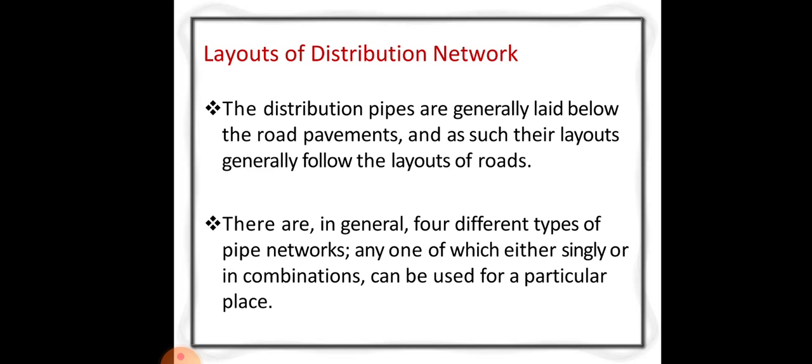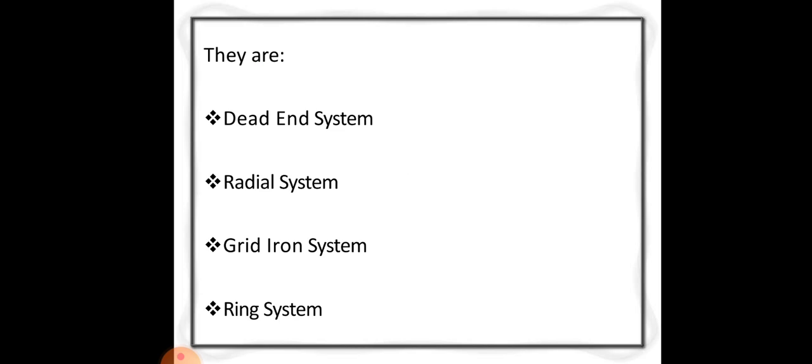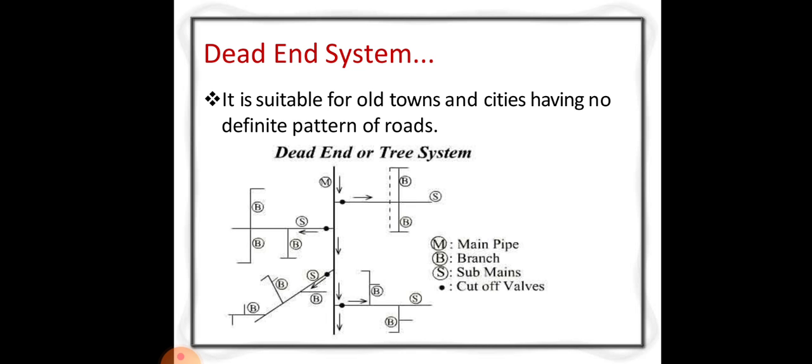And normally there are four principal methods of laying out the distribution system, and they are the dead end system, also known as the tree system, then the radial system, then the gridiron system, also called the reticulation system, and the ring system, which is also called the circular system. So we'll discuss each of these.